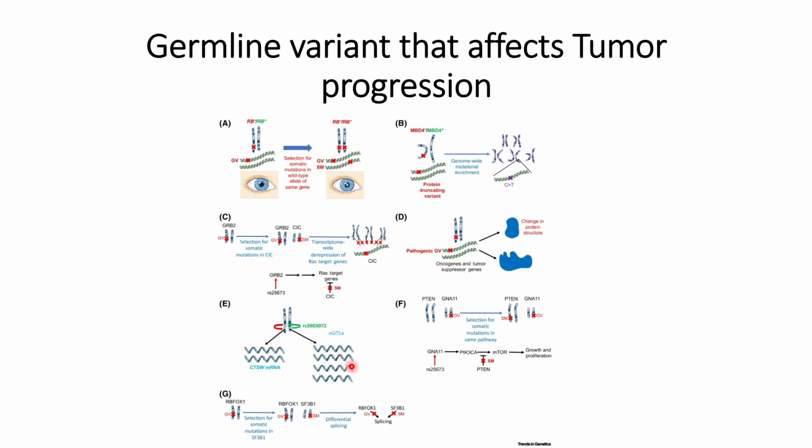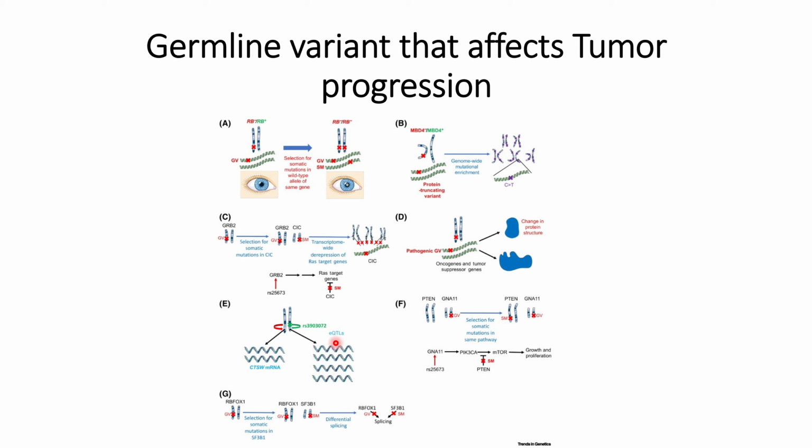Another kind of mutation might change the shape of proteins. For example, shown here is the cis structure of CTSW mRNA. Because of this changed structure, it will lead to genetic variation, and this genetic variation can be measured with the help of eQTLs. This is a quantitative technique for measuring genetic variant loci. This is also related to the tumor suppressor gene.